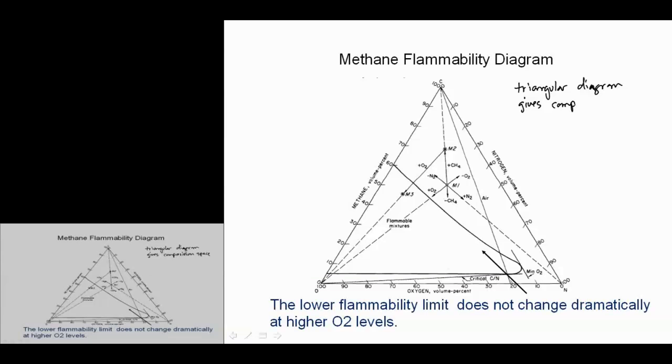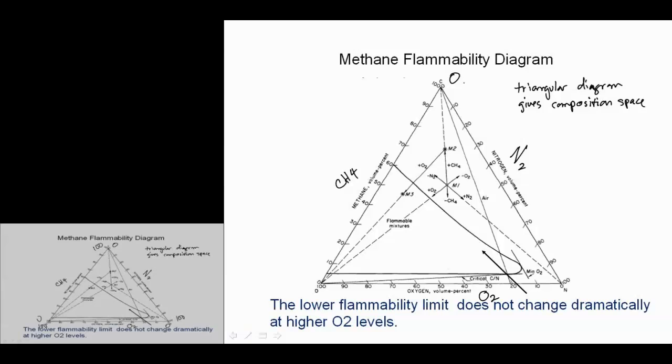So this is N2, CH4, O2. And so for any region here, for example, the nitrogen is 0 everywhere parallel to its 0 axis. Nitrogen goes from 0 to 100 here. Oxygen goes from 0 to 100. Methane goes from 0 to 100.